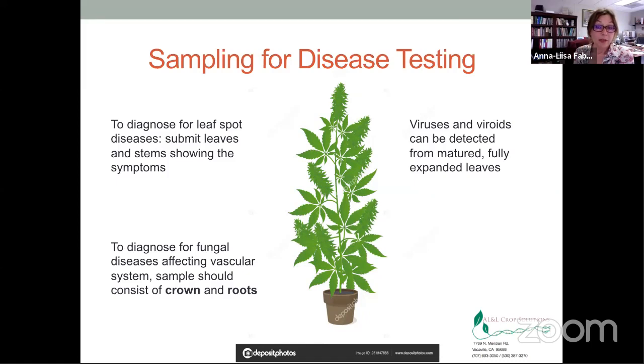With the viruses and viroids, I believe there is more to be found. And we have the technologies nowadays, like the sequencing that was used for finding hop latent viroid in cannabis.